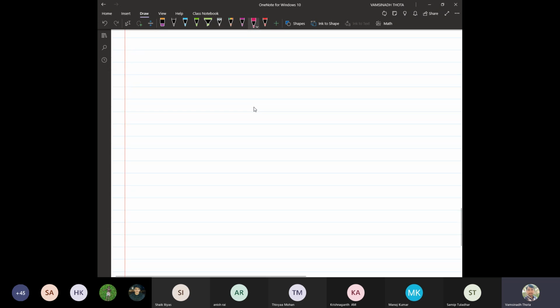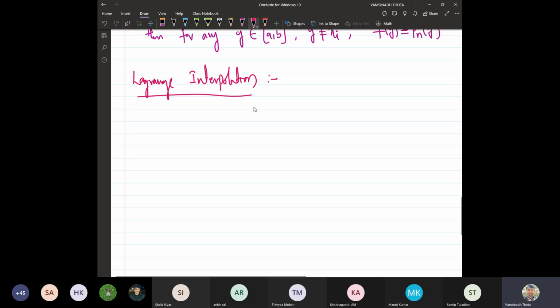The Lagrange interpolation method means, suppose we have the nodal points given as x0, x1, x2 and so on up to xn. And we know the values of the function f at these nodal points, which I represent with f0, f1, f2 and so on up to fn.